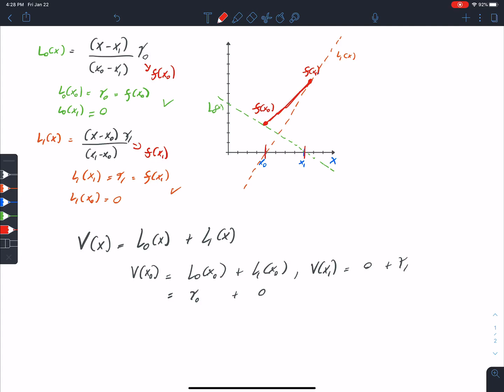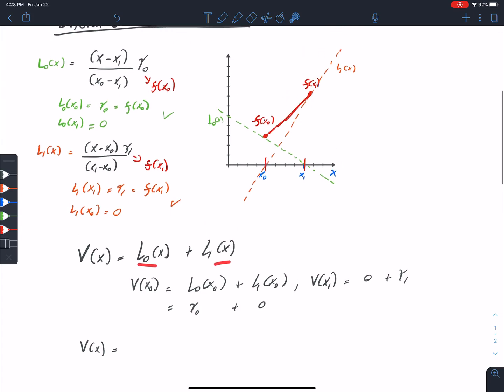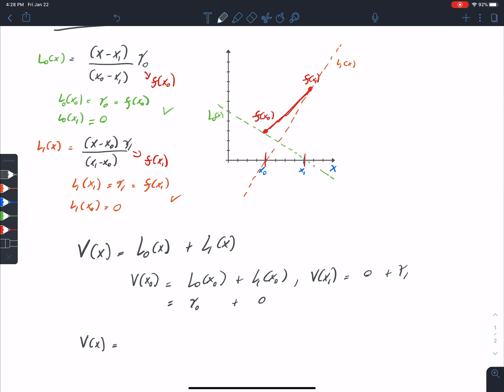So finally, the equation that we end up with is going to be V of x will be line 0 plus line 1. And what's the equation for line 0 again? That's written up above.